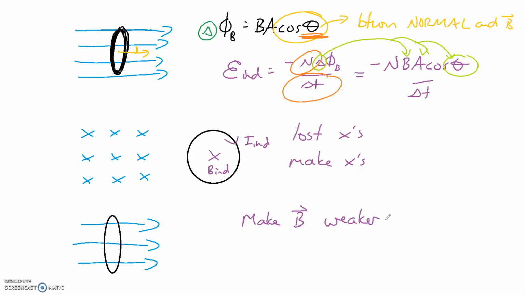Well, if we make the magnetic field weaker, inside the coil, it's going to lose a magnetic field going towards the right. So what the coil will do is make a magnetic field going to the right. It would create an induced magnetic field that would look like this to try and compensate for the field that it's losing while the initial magnetic field is becoming weaker.